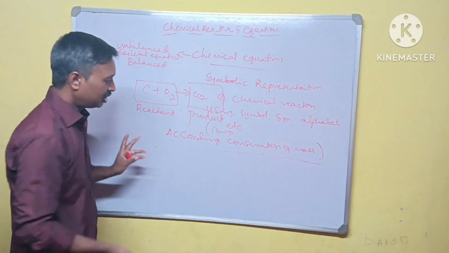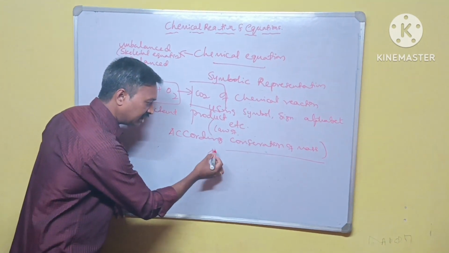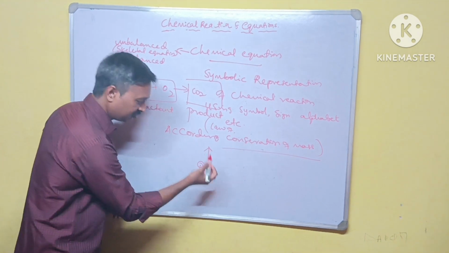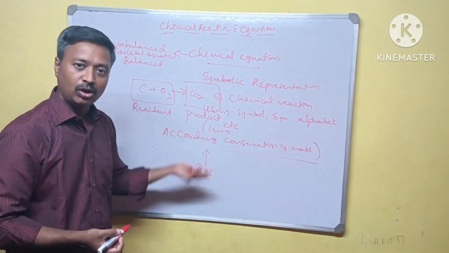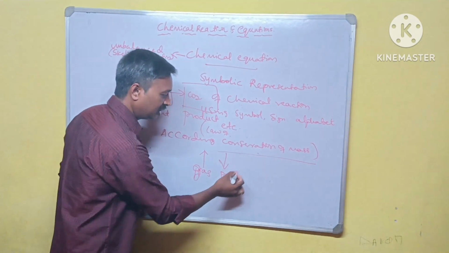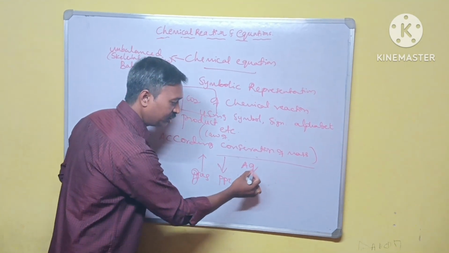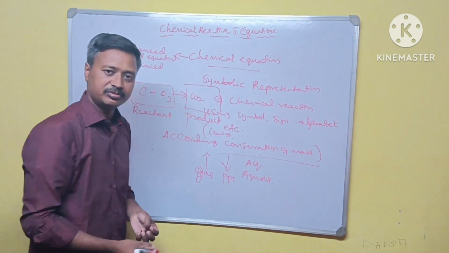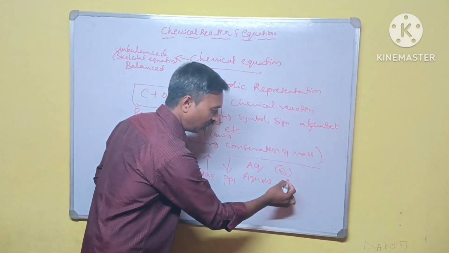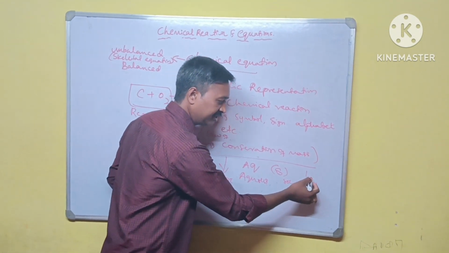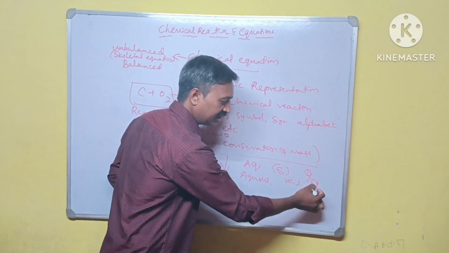If you write an upward arrow, that is gas evolved. If you write a downward arrow, precipitate. AQ means aqueous, a liquid type of solution. S means solid, L means liquid, G means gas.